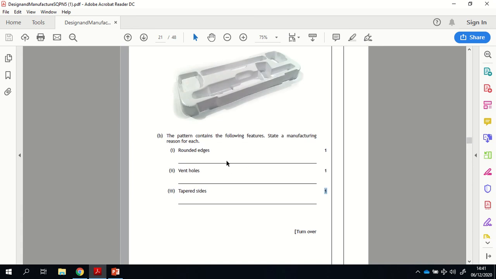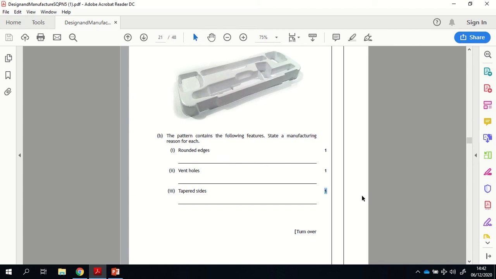So now I've got four acceptable reasons. You might want to write them all out on this section. And if you get a question like this again, you'll have an excellent level of knowledge to be able to answer it. So I've used the assessment to help increase my learning.